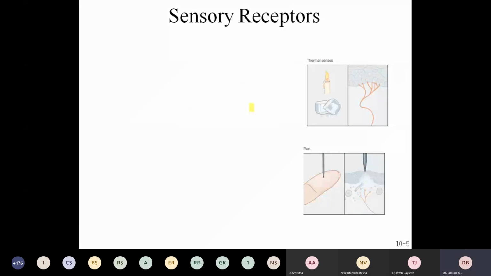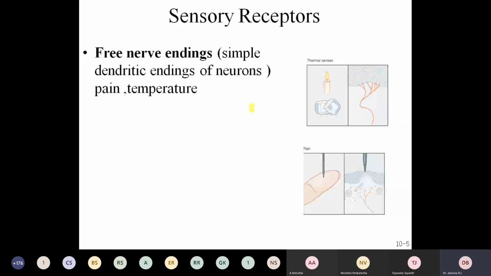These sensory receptors are of different types. Some sensory receptors are free nerve endings. The afferent neurons carrying the impulses, the action potentials, to the higher center have dendritic endings which form the receptor.